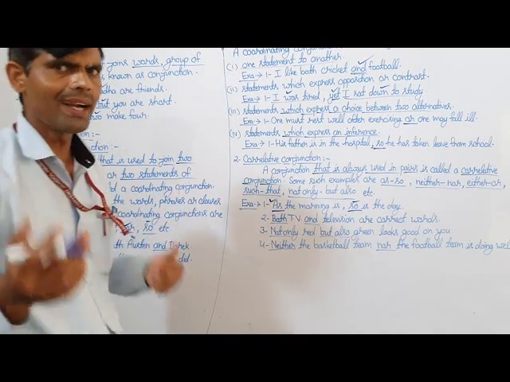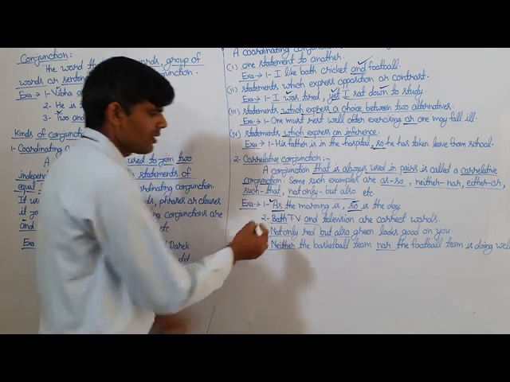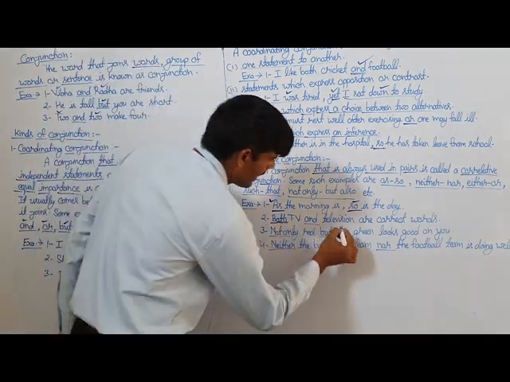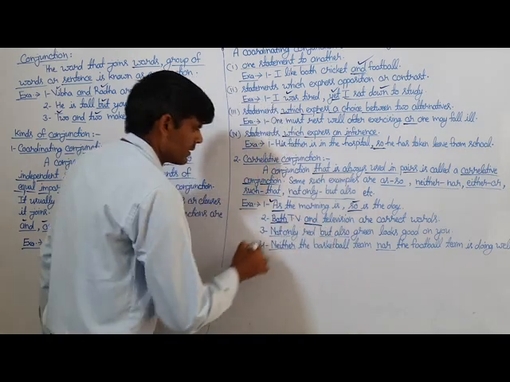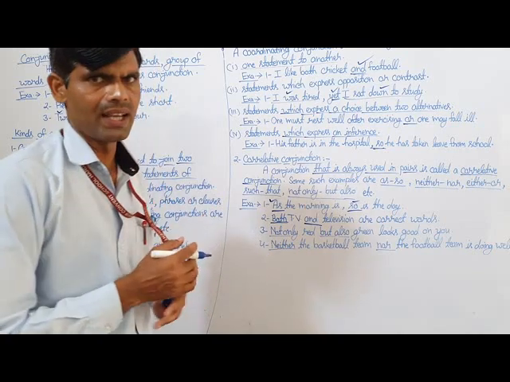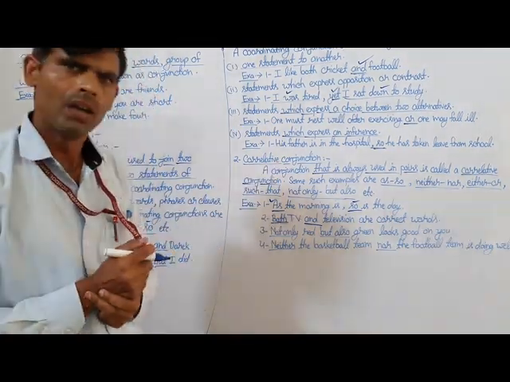Here in the second sentence, the underlined words both and and are the correlative conjunction because they are used in the sentence in pairs. So this is counted as a correlative conjunction.